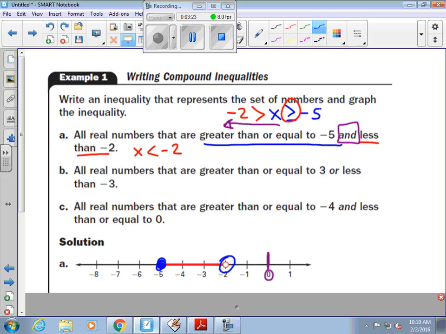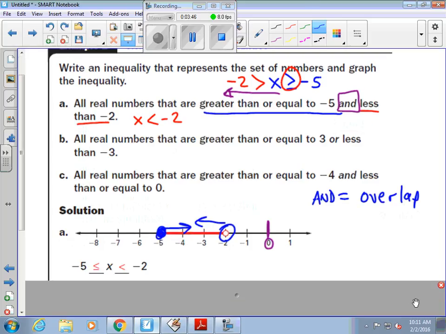So when you graph this, the greater than one shows this way. The less than shows this way. And "and" inequalities, they typically overlap. They don't always overlap towards the middle, but they have an overlapping area. So the inequality is what we have written up there at the top.